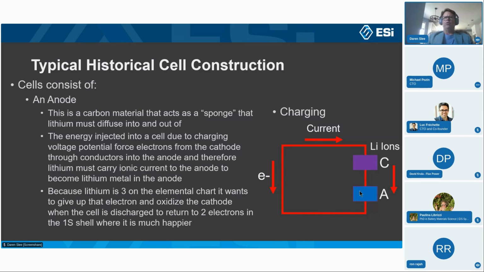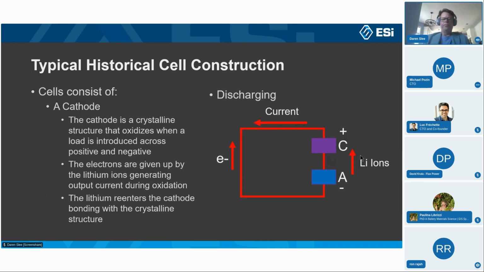Because of that, if you charge it at an excessive current, the lithium piles up, kind of like water being poured onto a sponge in your kitchen, and it can't absorb into the sponge. So the trickle of lithium needs to be slow enough so that the anode can absorb the lithium ions into the carbon.